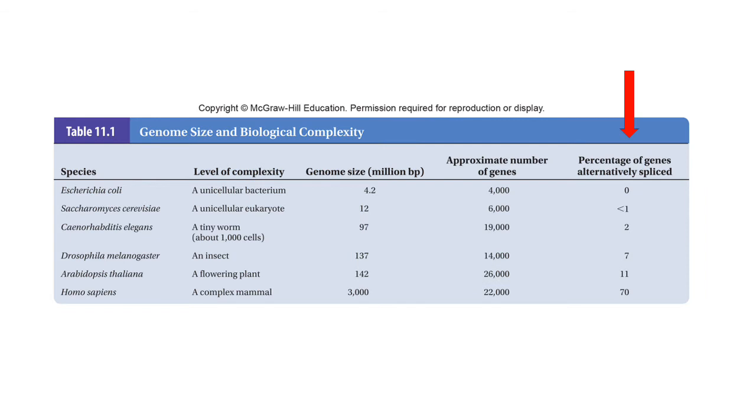This is one of the reasons we believe our original estimates of how many genes there were in the human genome were much higher than what we came to understand, that there are on the order of 25,000 human genes.